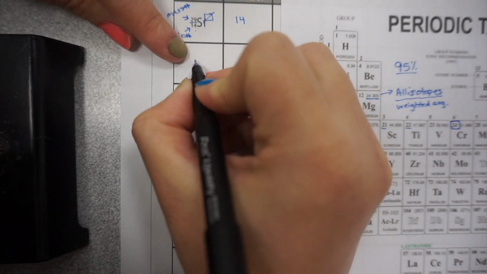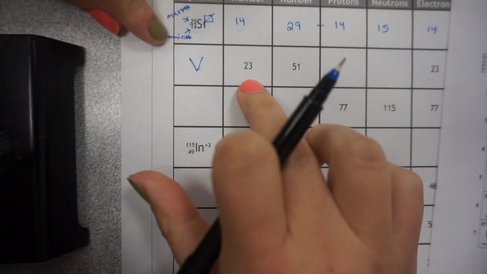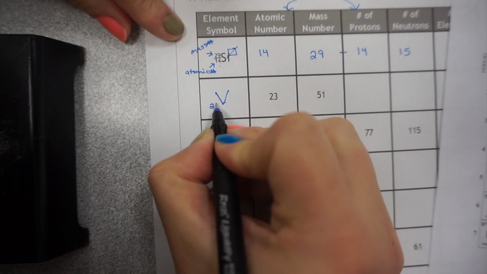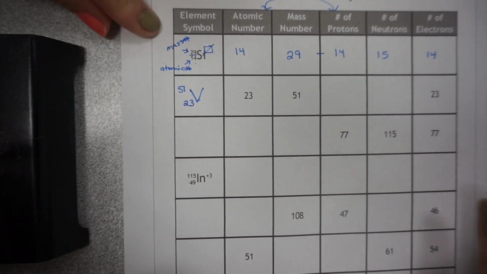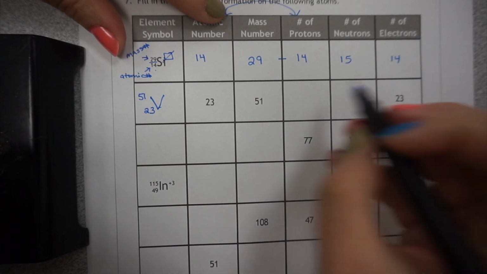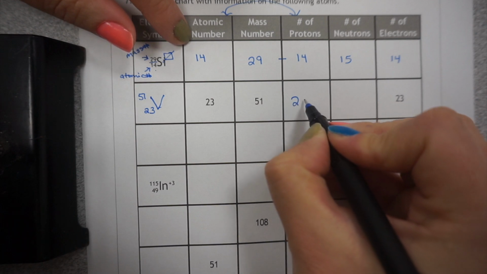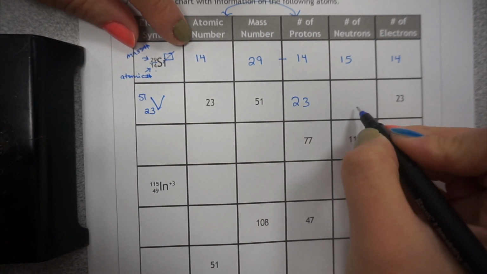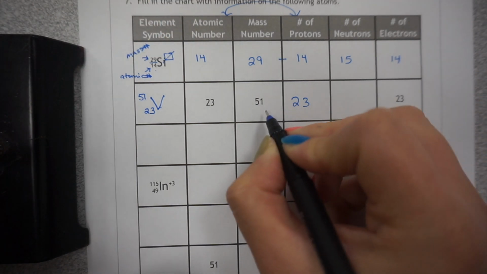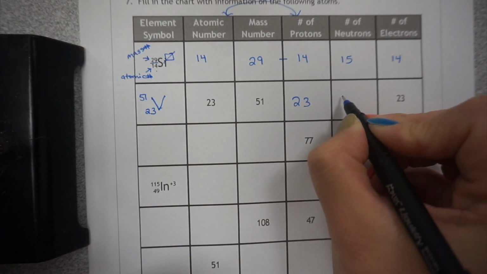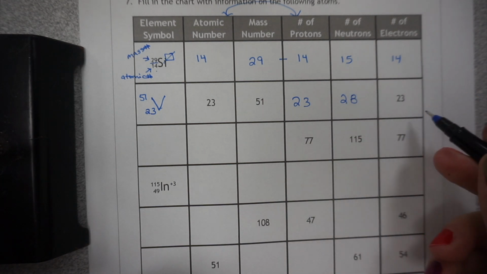So vanadium, so that symbol is V. Okay. The atomic number will go down here, so V23. And then the mass number will go up here, 51. So easy. Okay. And then number of protons always equals the atomic number, so we know that's 23. Okay. And then the number of neutrons is basically this minus this, and that will give you your number of neutrons. So 51 minus 23 is going to be 28. Okay? And then number of electrons is 23.